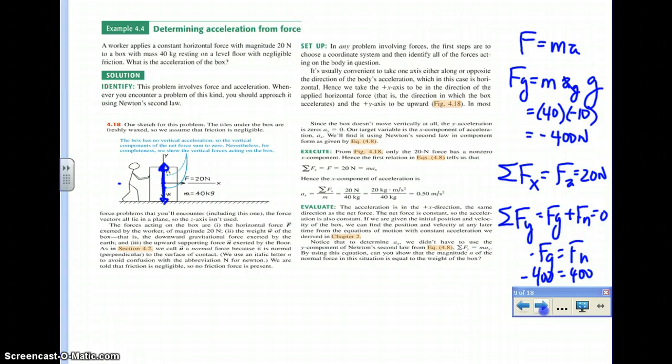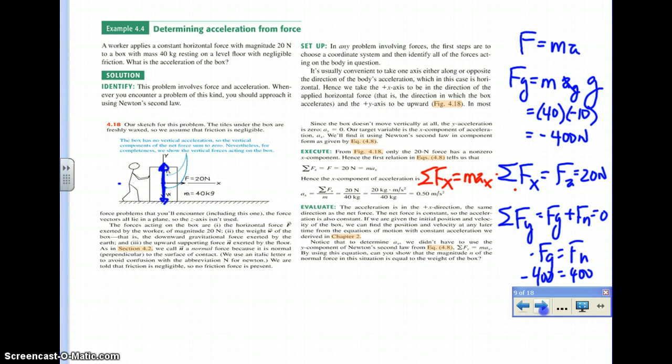But what if, in the case of what's going on left and right, they're not in equilibrium? What if we know that the object is accelerating in a certain direction, as Newton's second law says it should? Well then, instead of setting them equal to each other, we're always going to set them equal to ma, because the net force has to be equal to the mass times the acceleration in the x direction.